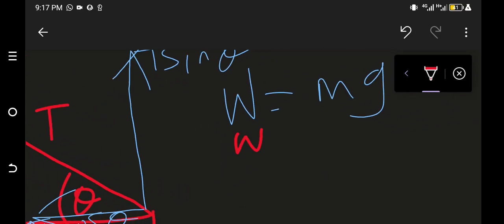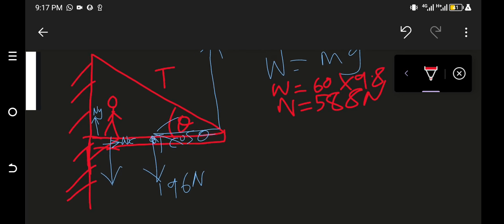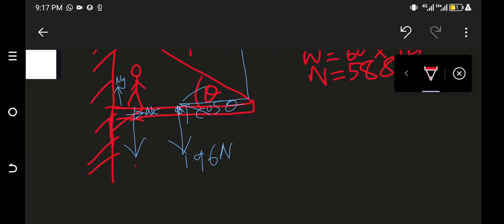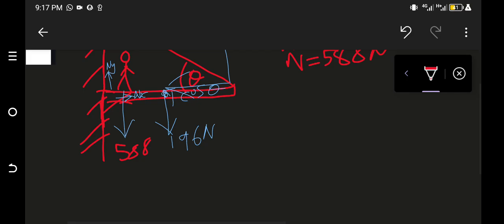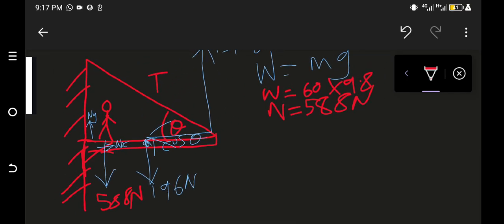Weight is equal to 60 multiplied by 9.8, which is 588 newtons. 588 newtons is produced by the person. So we have found all the forces acting on the beam.